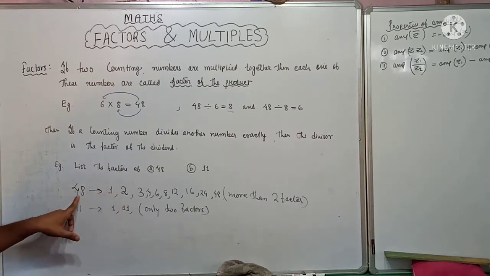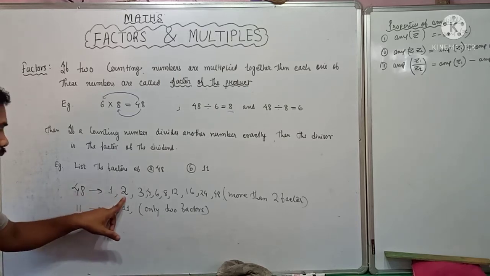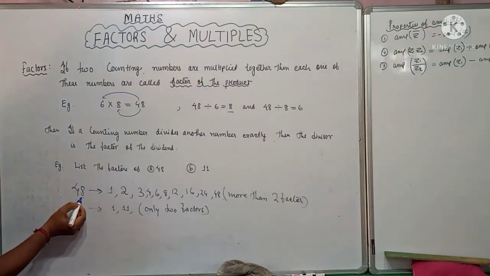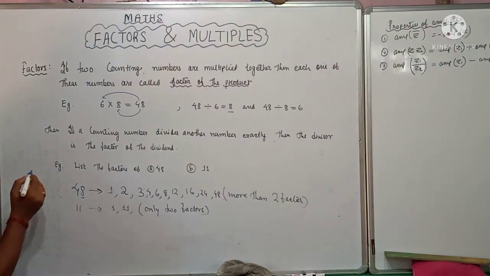You see, 48 is an even number. If a number is even, then 2 should be a factor of that number. How will we know if a number is even or not? For that we have to see if the unit digit, or ones place, has a digit like 0, 2, 4, 6, 8.